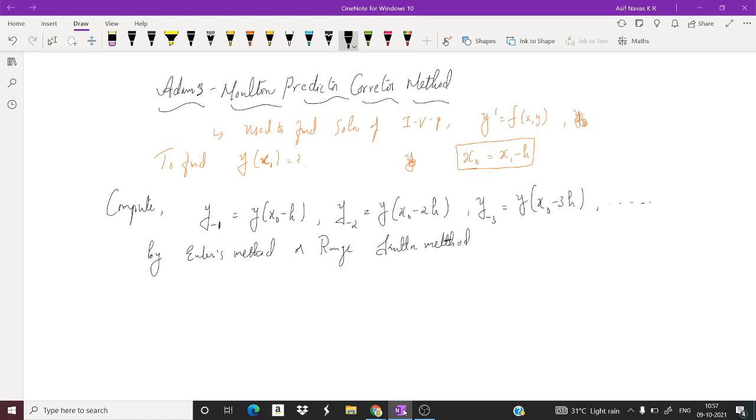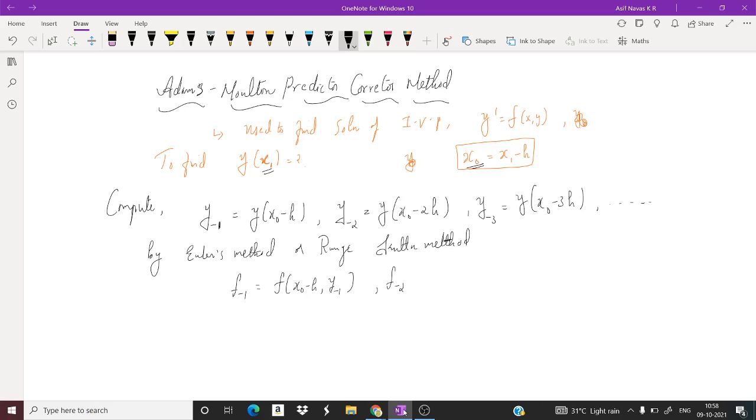In order to find y of x1, we note that x naught is x1 minus h, the value just before x1. Then we denote f minus 1 as f of x naught minus h, y minus 1.